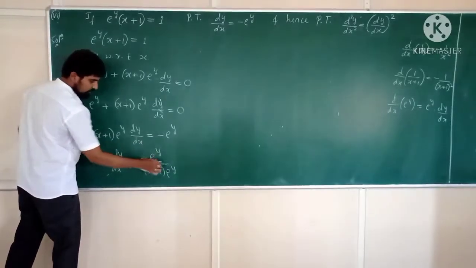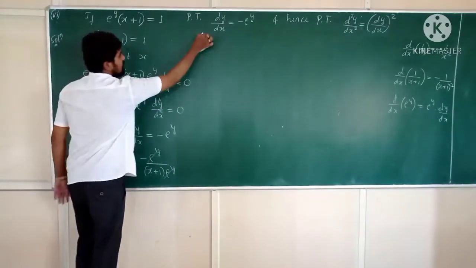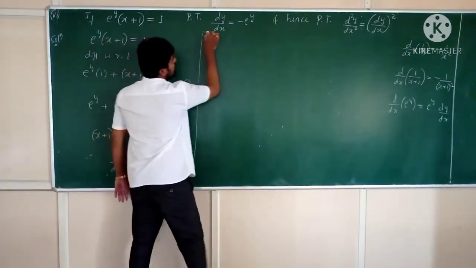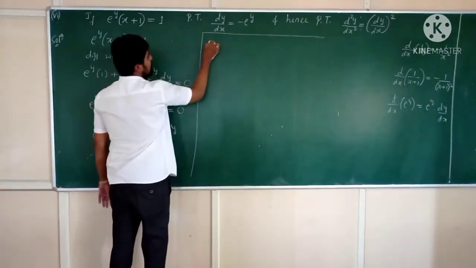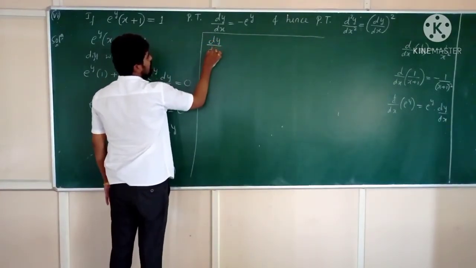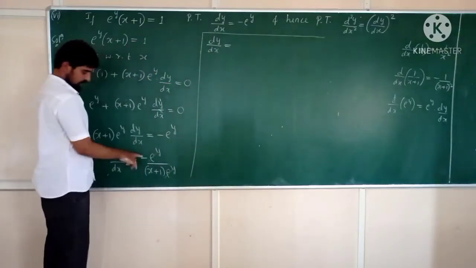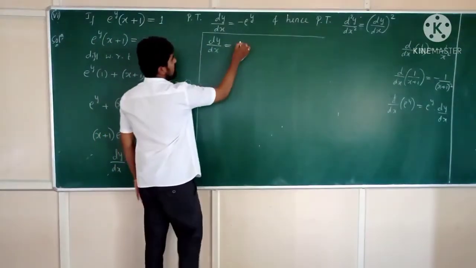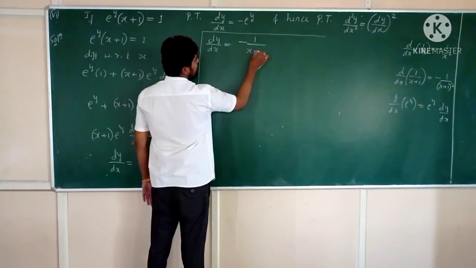Now here e^y gets cancelled. Hence the remaining dy/dx is equal to minus 1 divided by (x + 1).